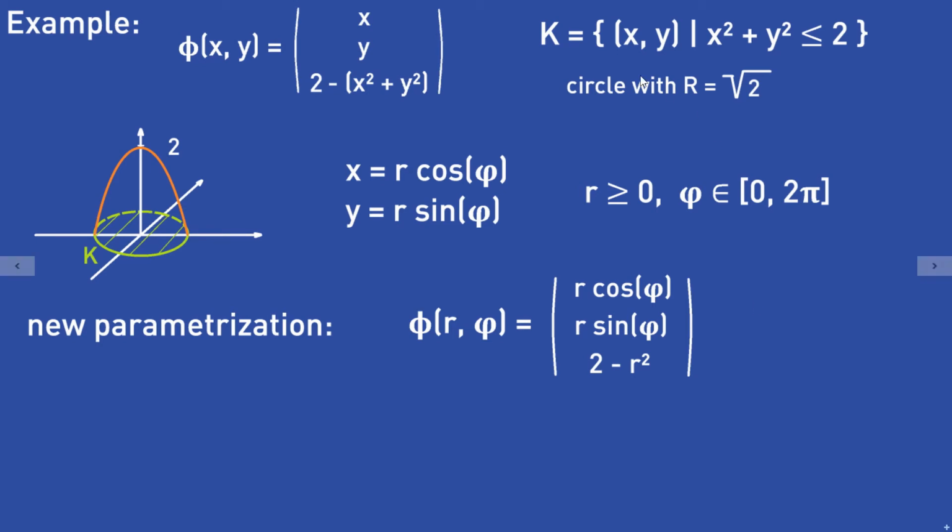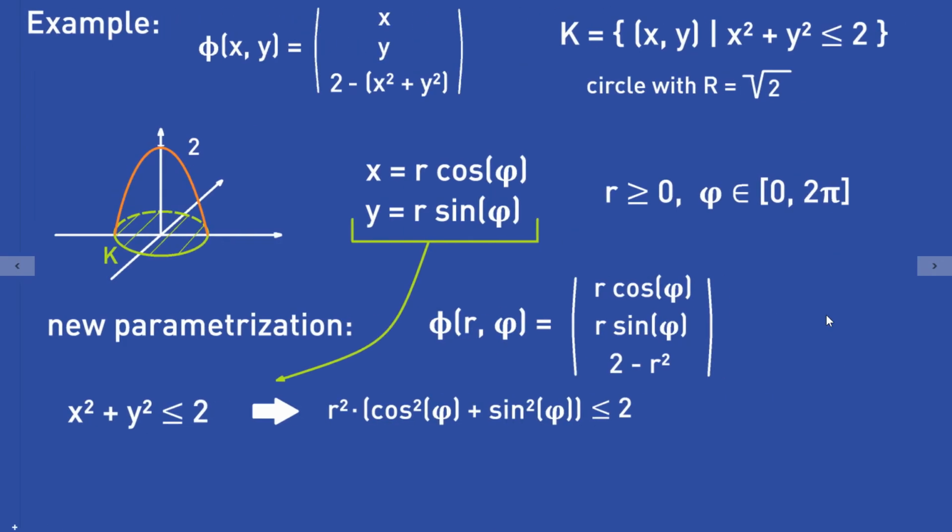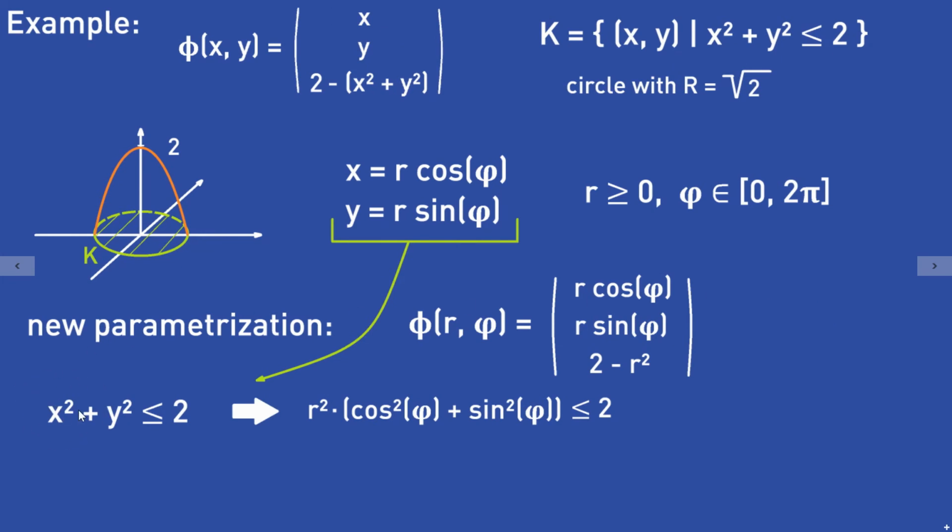The set k becomes easier too, because x squared plus y squared is smaller or equal to 2. So here, when we insert for x this and for y that, r squared times the cosine squared plus the sine squared has to be smaller or equal to 2.